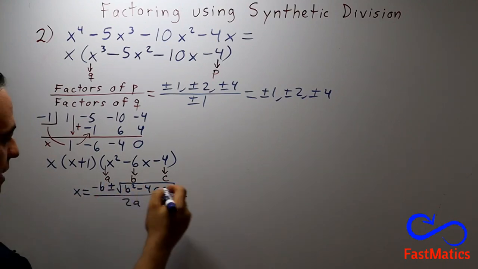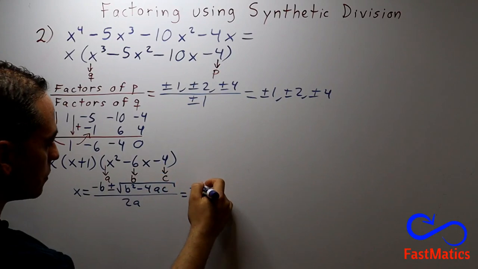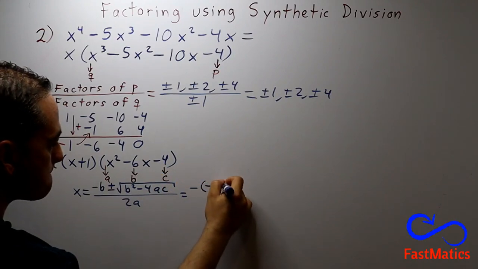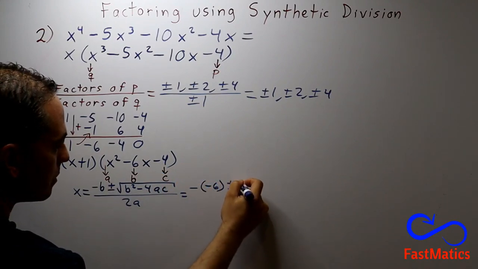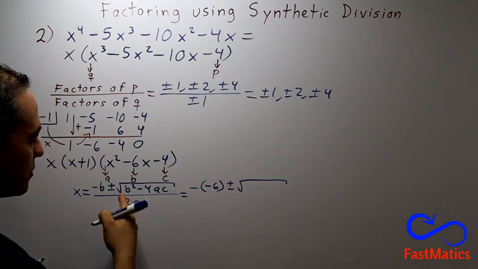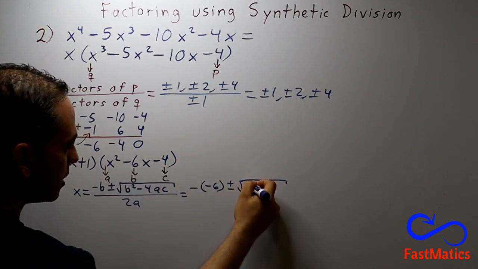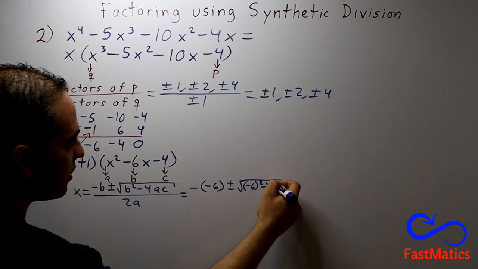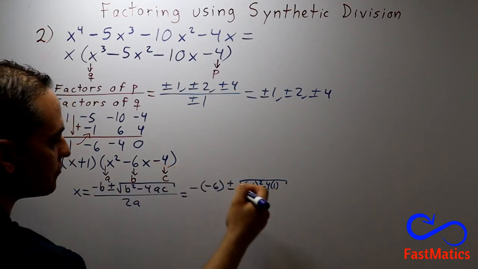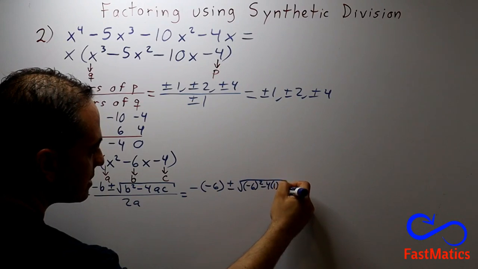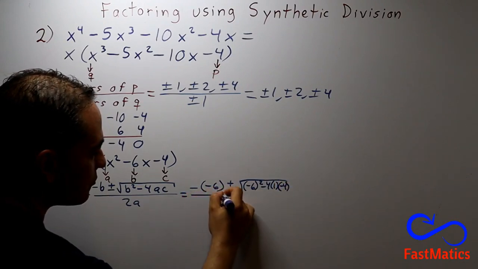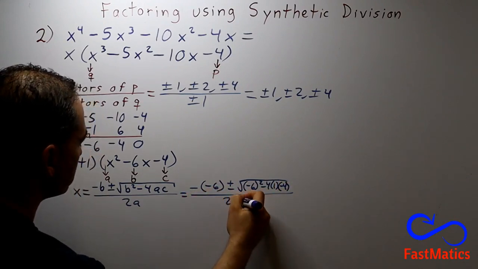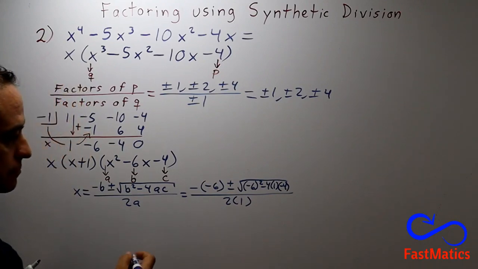Now, negative b, positive negative, b squared minus 4 times the value of a times the value of c, that is negative 4, and everything divided by 2 times the value of a.